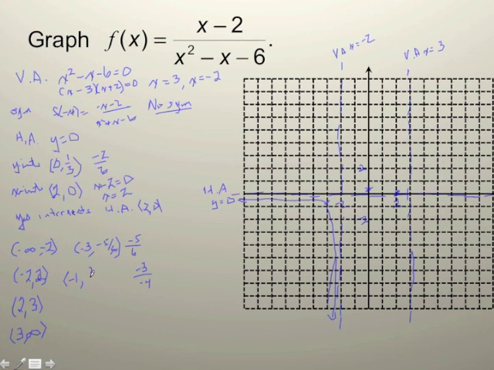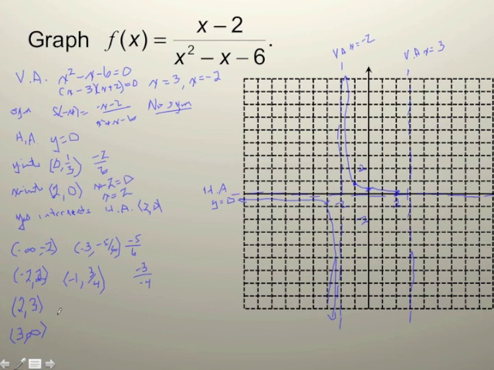So this would equal 3/4. So we have -1, 3/4 would be approximately here. So it looks like we're going from here, and then this is a vertical asymptote. So we'll run up here, getting close but not crossing.